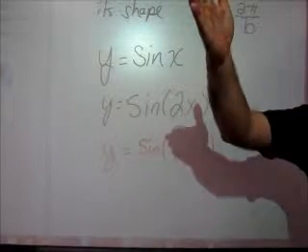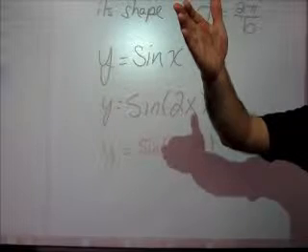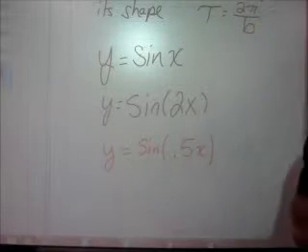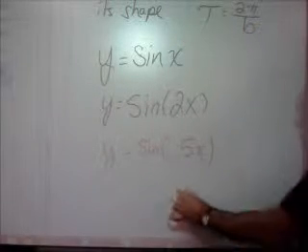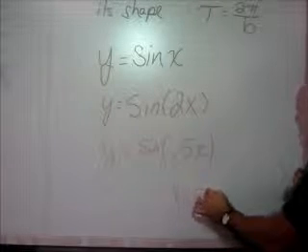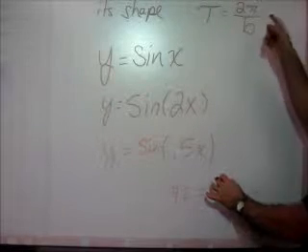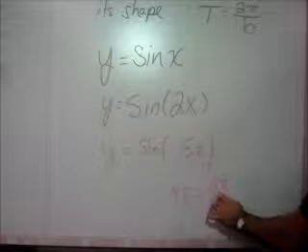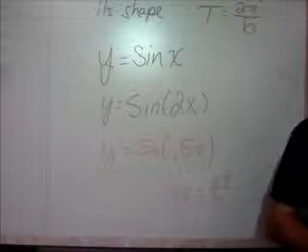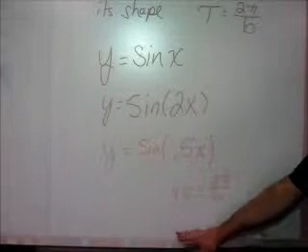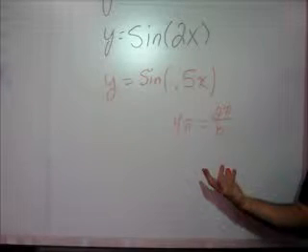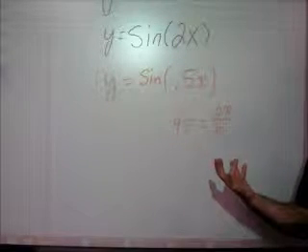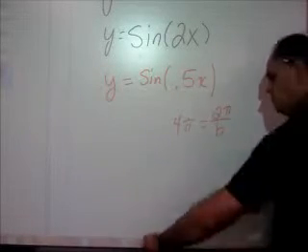In that 4 pi, I wanted one repeat. So didn't I tell you the period number? So I might go in here and say 4 pi equals 2 pi over b. So mathematically, would I then want to solve that little equation to find the b number? So how do we do that?